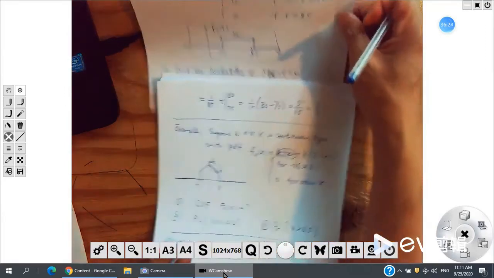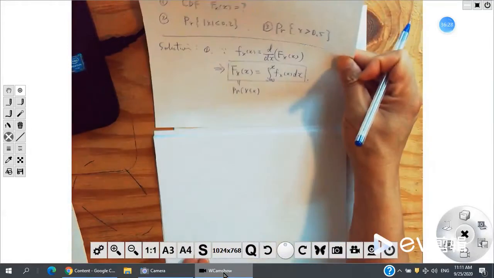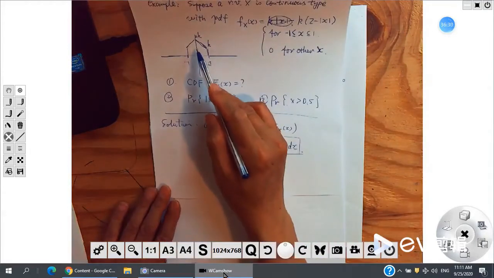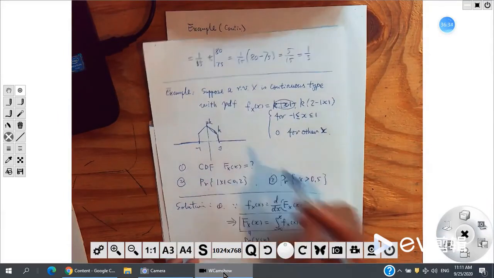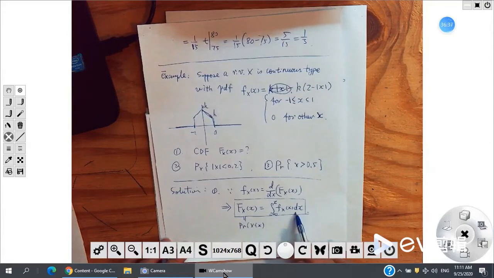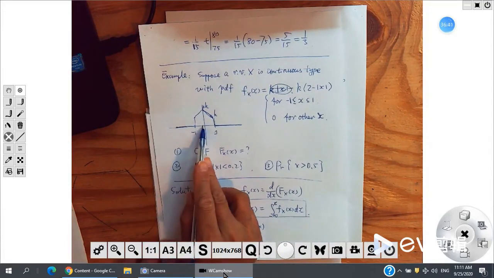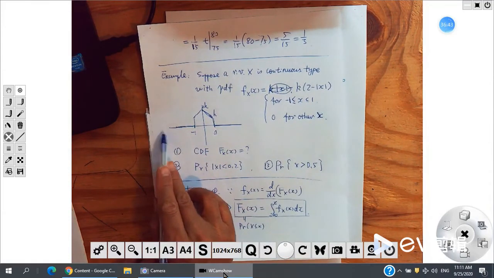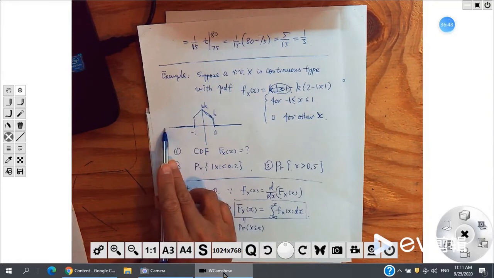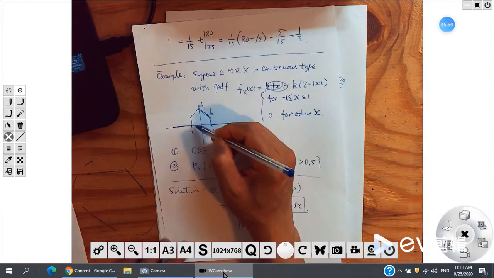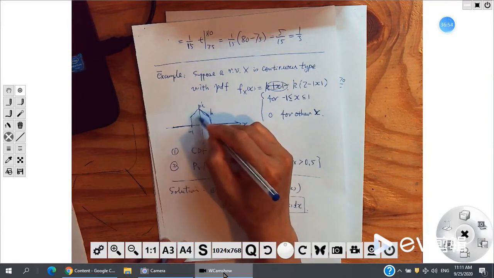Then what is it? We can have a look. We have this formula here. The graph looks like this, and we integrate from negative infinity to some x. When x is smaller than negative 1, it is 0. Only when x is larger than negative 1 can you have an integral.